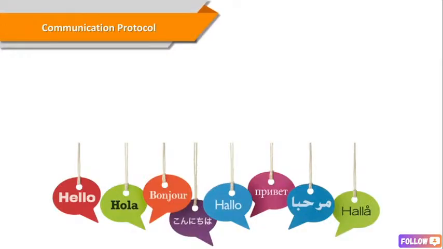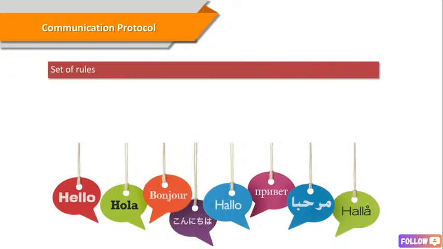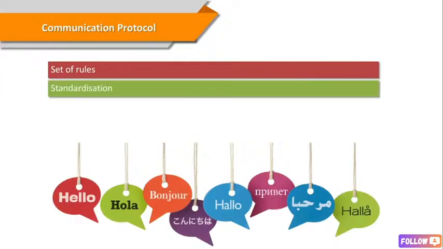Now, before talking about the Internet Protocol, or what we call IP, we should know what a protocol actually is. A protocol is simply a set of rules governing how things work in a certain technology, so that there is some kind of standardization.